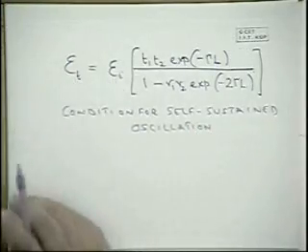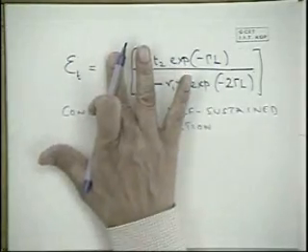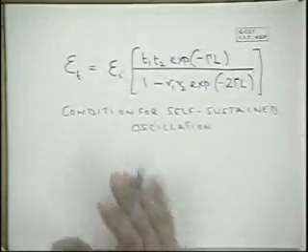But suppose it's an oscillator, you don't need EI, right? You don't need any incident energy. And what is the condition when it will break into oscillations?